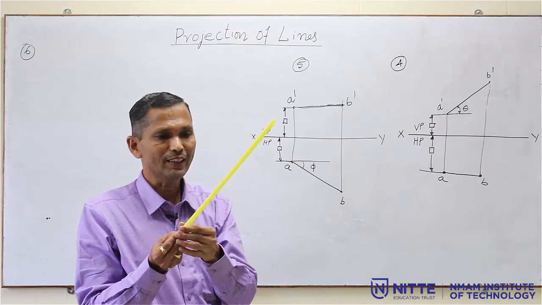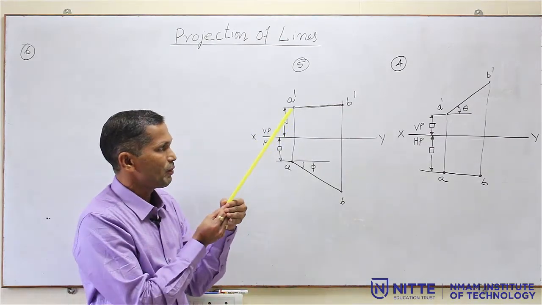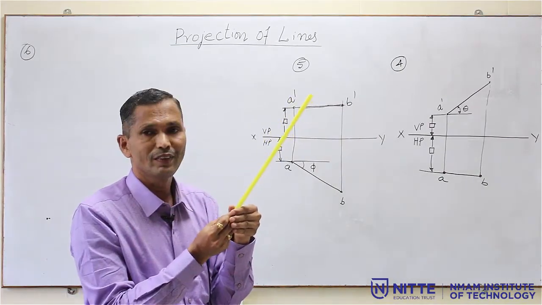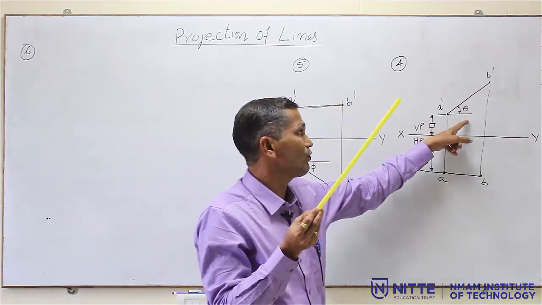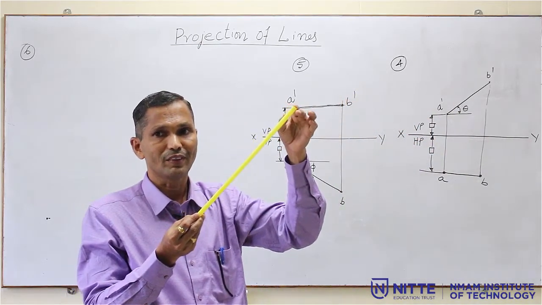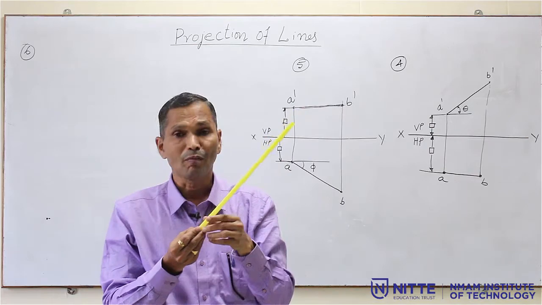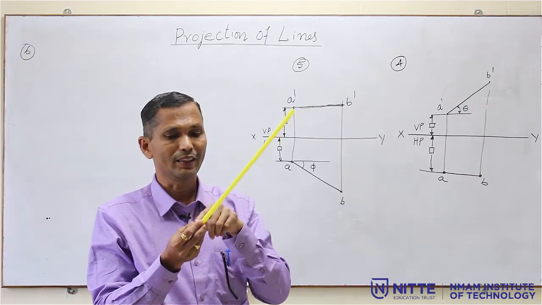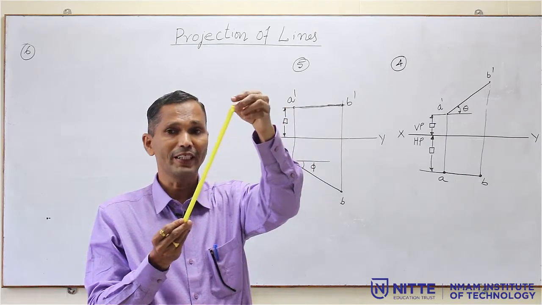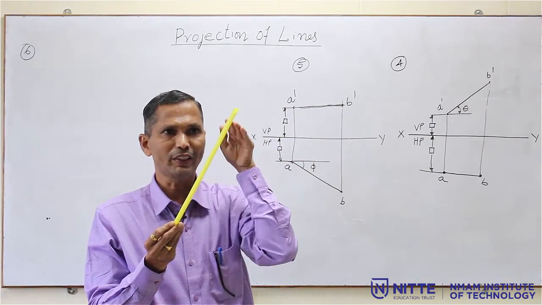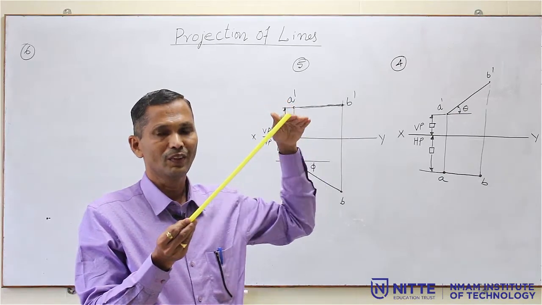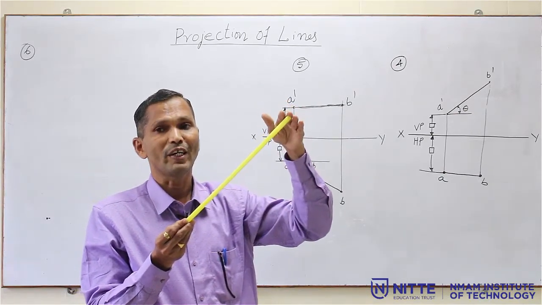That means it is parallel to VP. What is that condition? It becomes condition number 4. Can we write the front view now? Yes, I can write. But what is the name of that? This is A dash only, but this is not B dash, because B dash is here. This position is B dash, but I have moved it somewhere else. So that point is a different one.